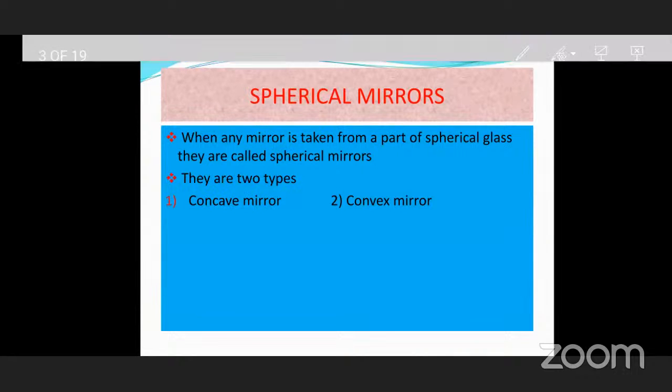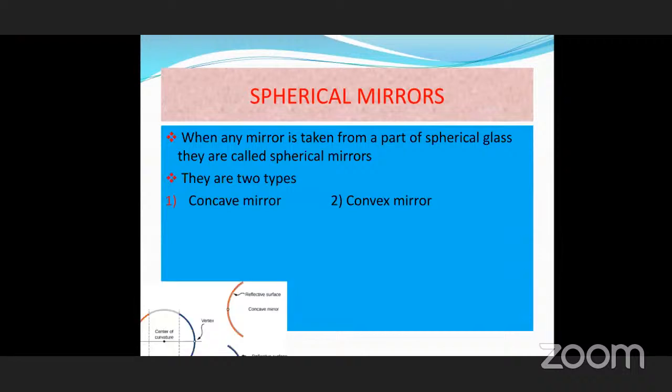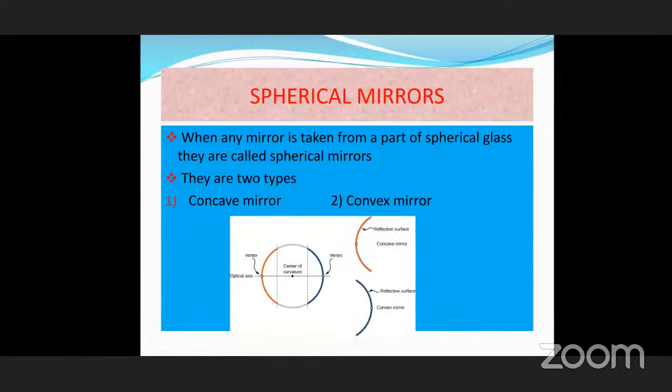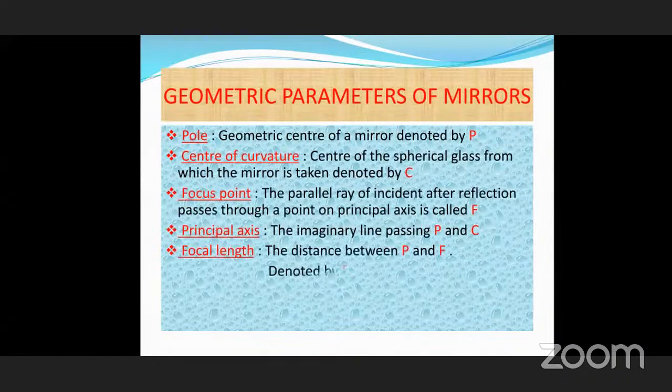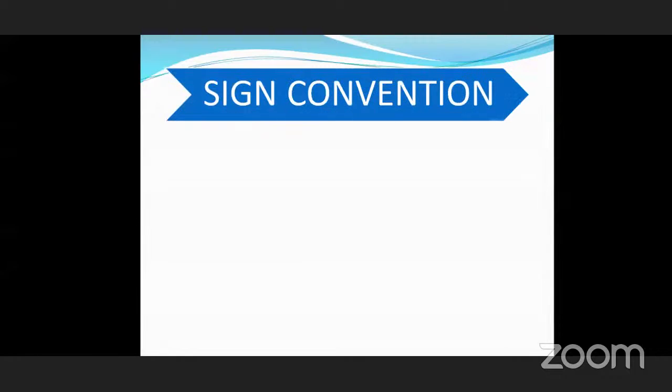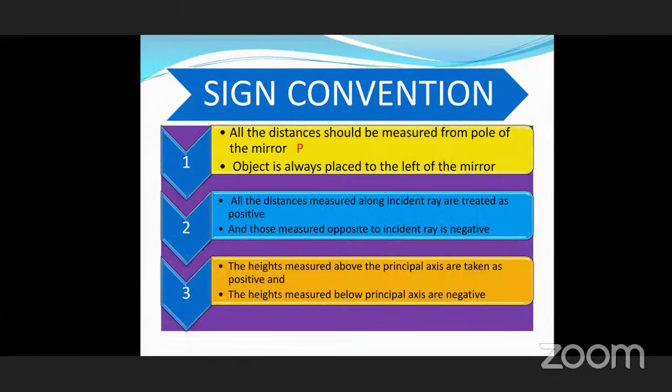We discussed how concave and convex mirrors are prepared, and also the pole, center of curvature, focus point, and principal axis. While using the derivations, we have to use the sign convention. All distances should be measured from P, along the incident ray.